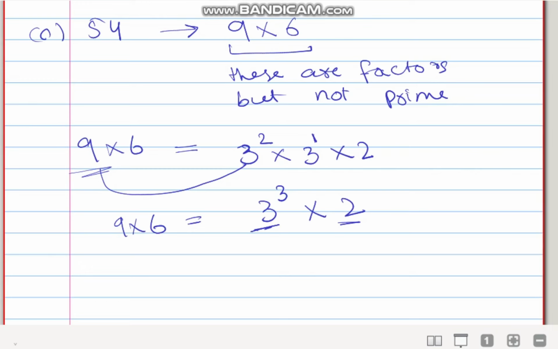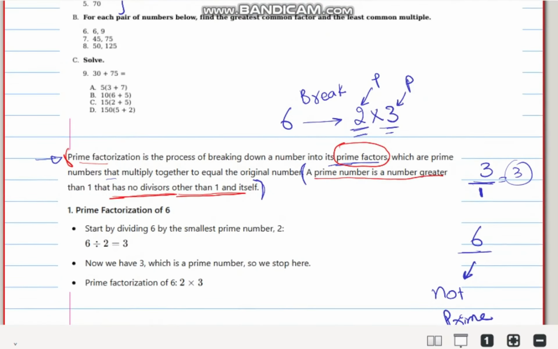Yes, sir, 2 is a prime number. Yes, very good, exactly. We can easily note that 3 is prime, and 2 is prime. So this is the prime factorization. This is a very easy thing, a thing of common sense.